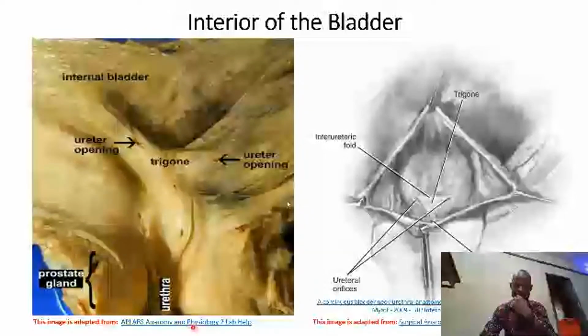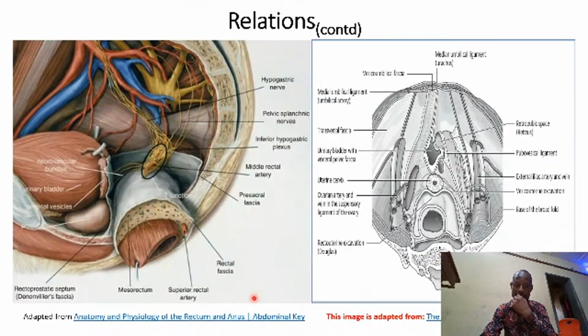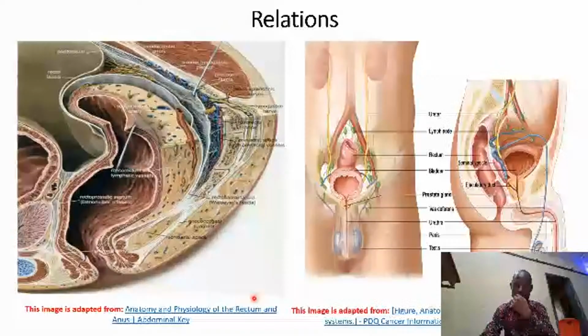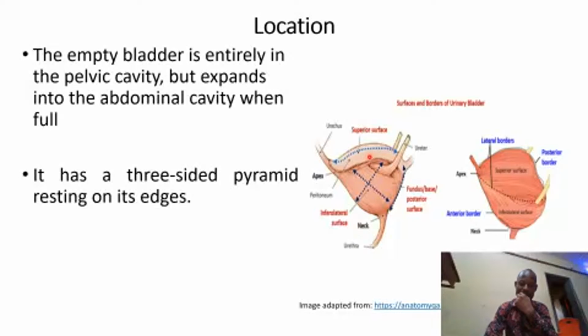Now I think I skipped something. Let's look at the superior surface of the bladder, the male bladder. I actually explained it earlier on: what is covered by the peritoneum.